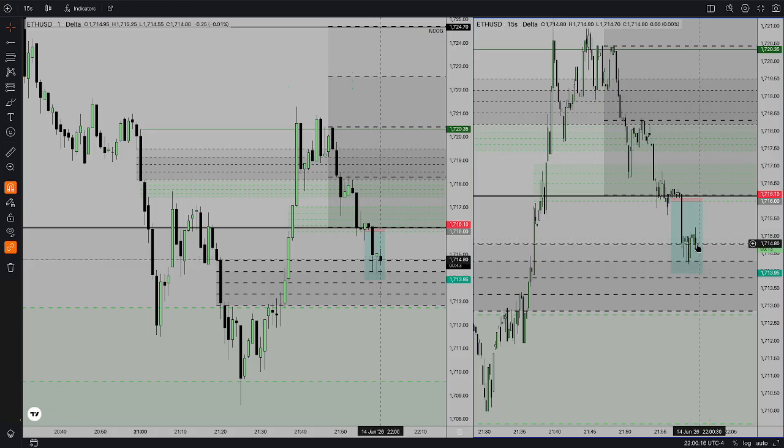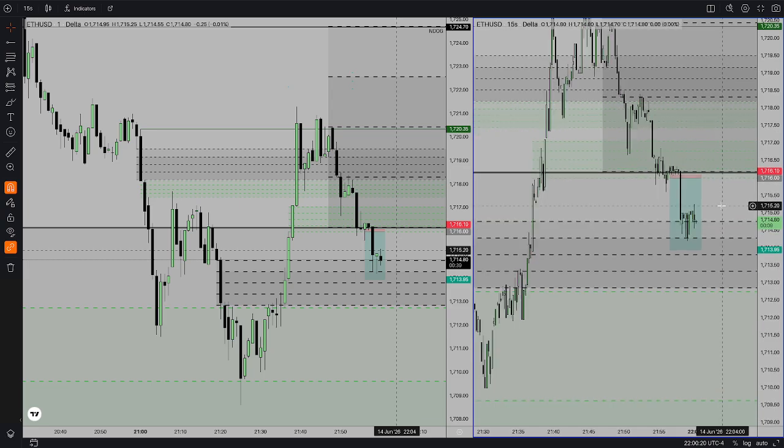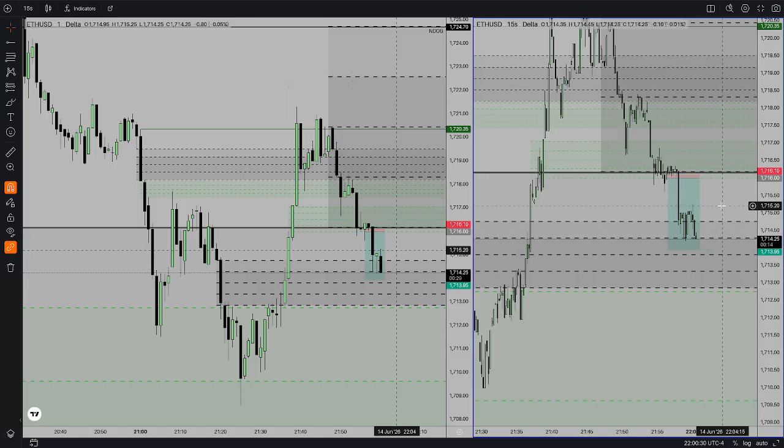Ideally, the upper area should not support the price. All right.